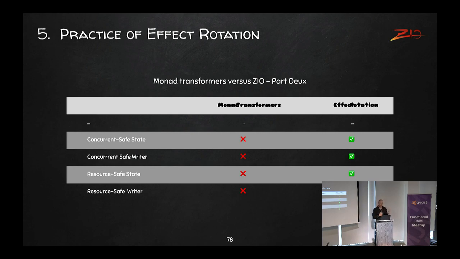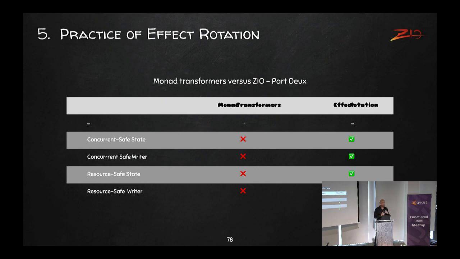But it turns out that those 3 different effect types are sufficient to implement all standard effects in the monad transformers sphere. MTL effects, they're called. So using just those 3, we're able to recapture all the benefits of monad transformers across the standard effect types, but in a way more performant, way more ergonomic fashion that's totally type inferred, and also concurrent safe and resource safe.